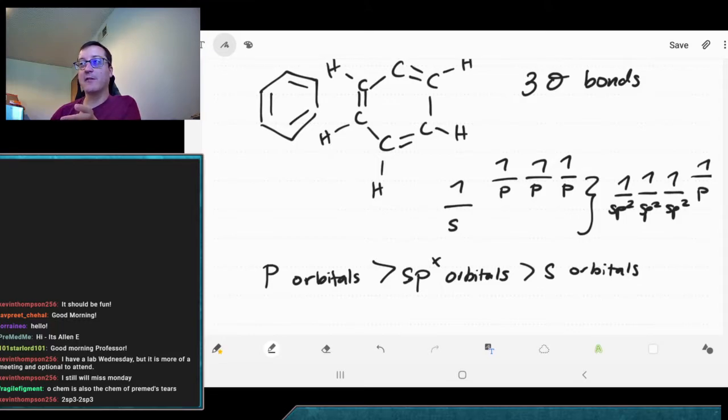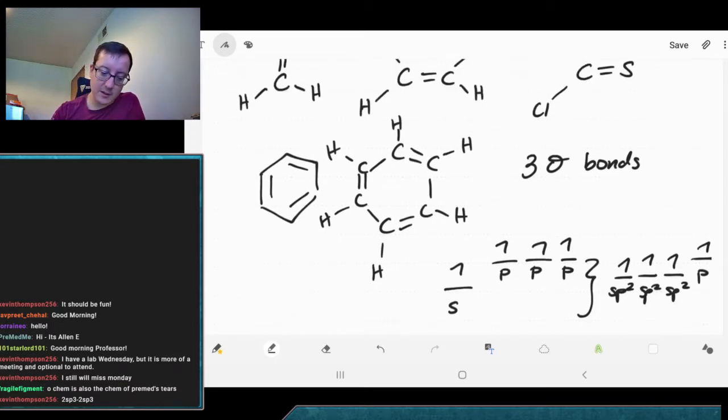But if things are to be equivalent, if we need 3 equivalent single bonds, which again evidence shows us that in these molecules we do, we're going to need to hybridize them. And so we're going to have 1 extra p orbital here that's going to be able to participate in some fun stuff as we go on.